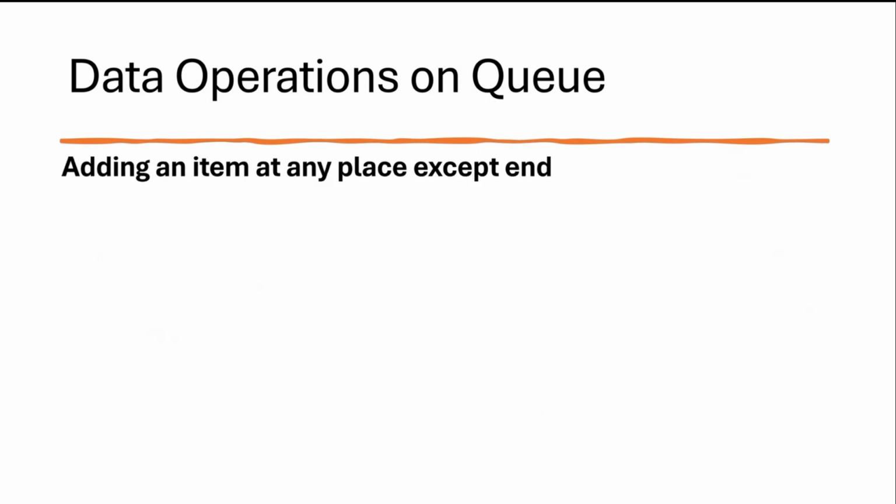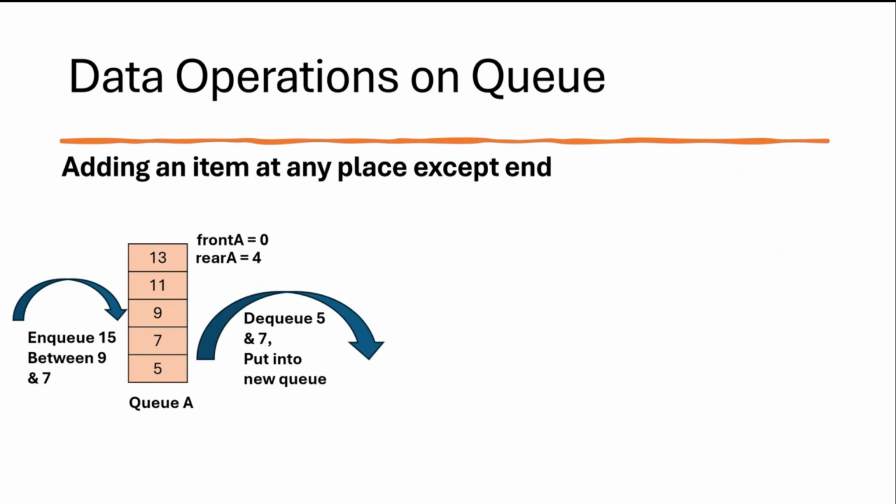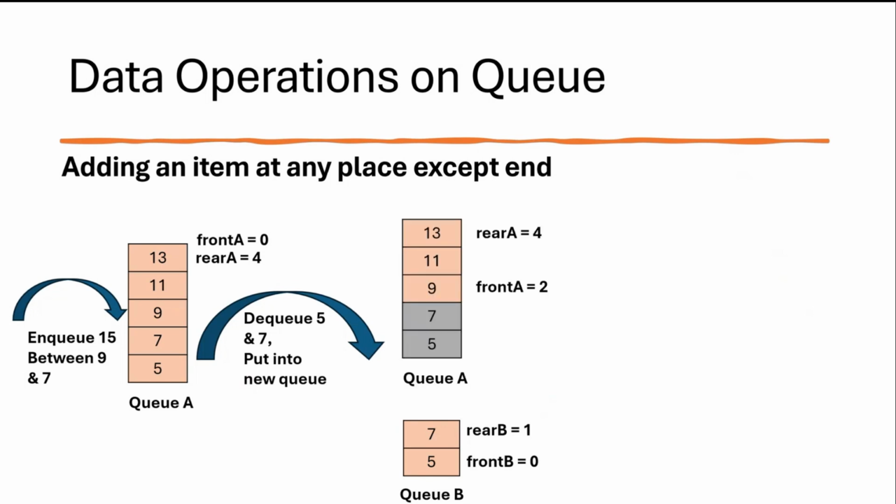Now adding an item at any place except the end. If you want to add an item, let's say 15, between 9 and 7, we need to dequeue the 5 and 7 and put them into a new queue, QB. Then QA will look like this, right? 5 and 7 are marked deleted, and the front moves to 9, to index 2.